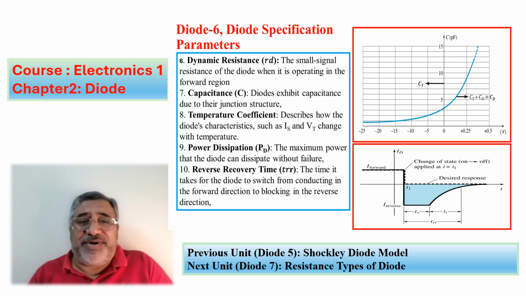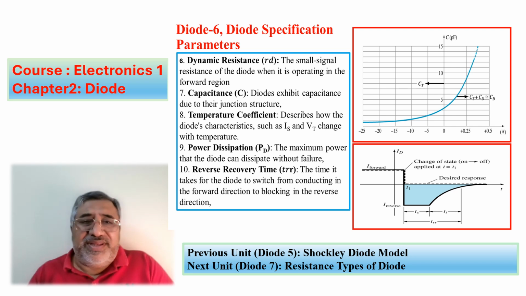Capacitance is another important parameter for diode specification because diodes exhibit capacitance due to their junction structure, which can affect performance, particularly in high frequency electronics applications. This junction capacitance includes both transition capacitance and diffusion capacitance.